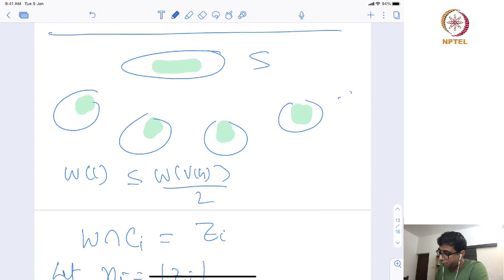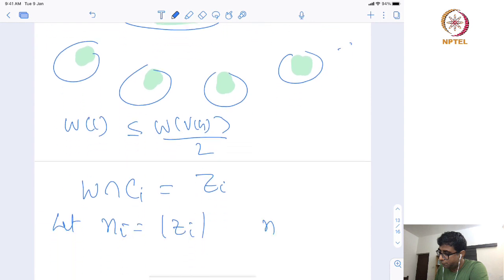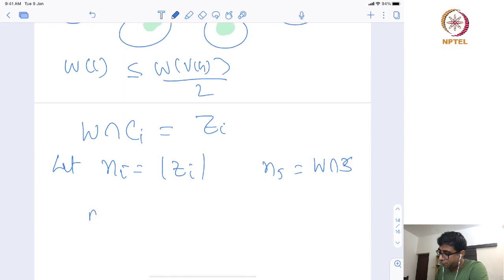And let's call Ns equal to W intersection S. Now what is the property of this? N1 through Nm plus Ns equal to the cardinality of W. We will be given some 2k plus whatever the size may be for now.